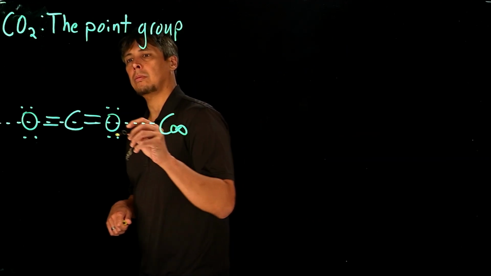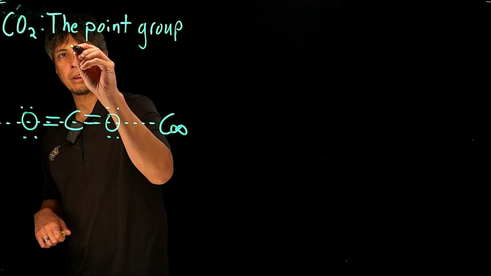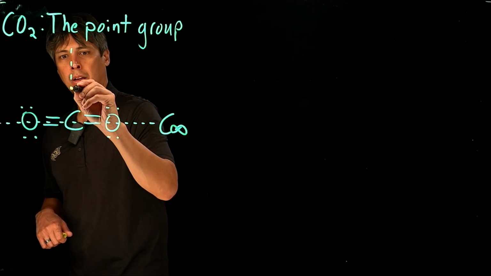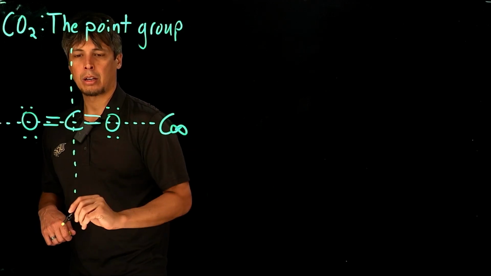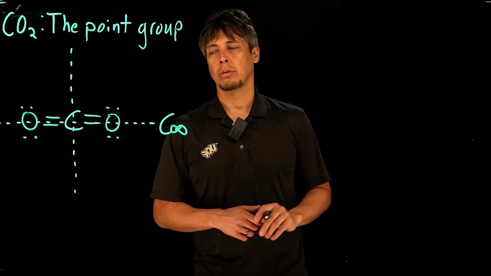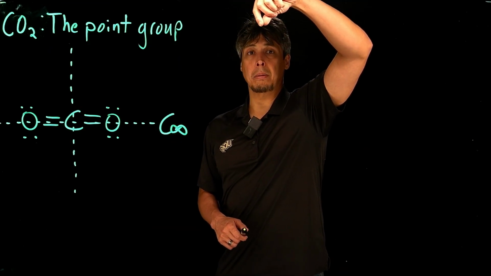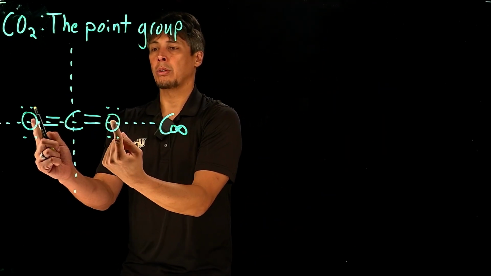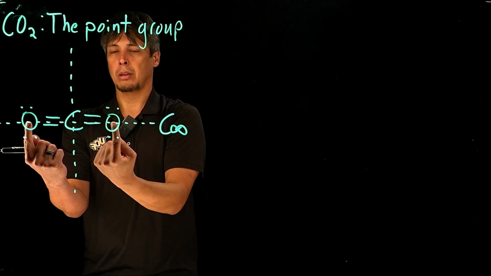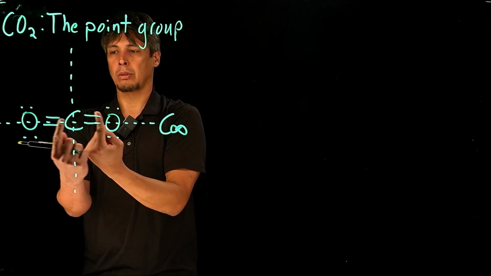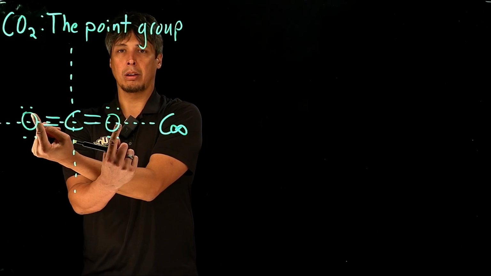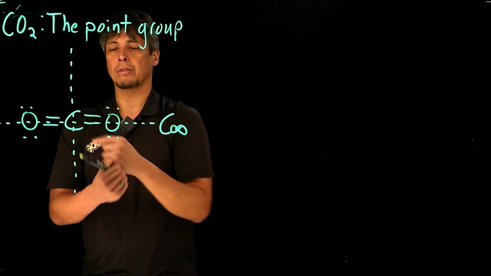By contrast, we have another rotational axis that goes through the center of the carbon, and we can think about rotating the axis from the top of the carbon, where if we rotate it, the oxygen atom on the left-hand side takes the position of the oxygen atom on the right-hand side and vice versa.